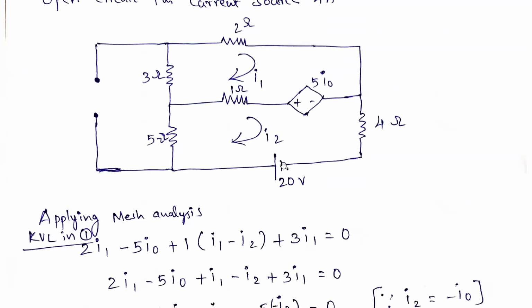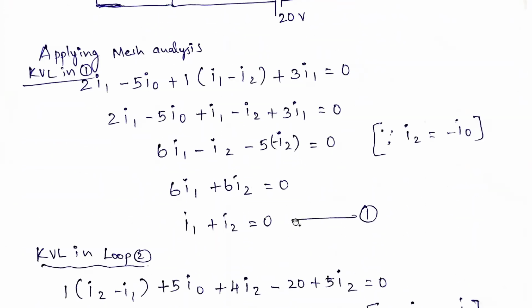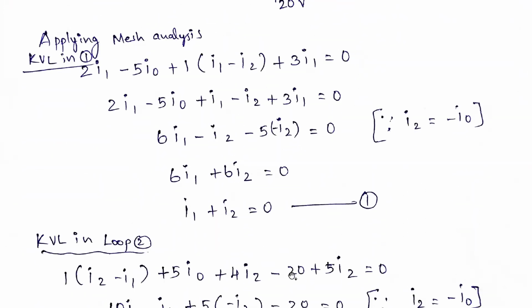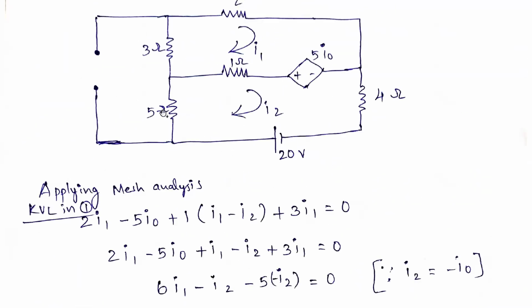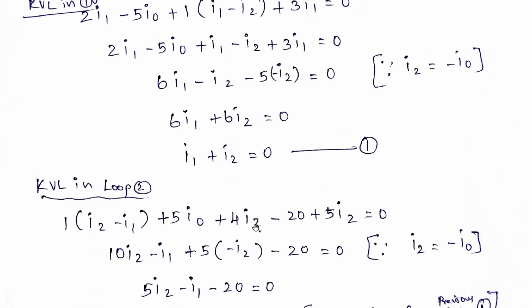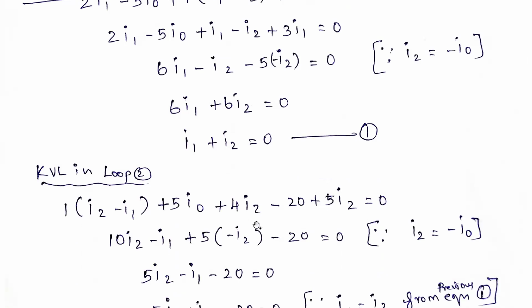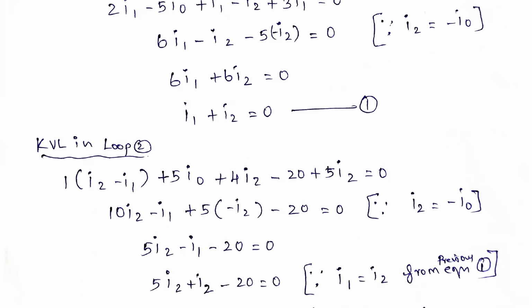Next, it is flowing from minus to plus, so minus 20 plus 5I2 is equal to 0. Here also I2 is nothing but minus I0. Simplifying, we get 5I2 minus I1 minus 20 is equal to 0.